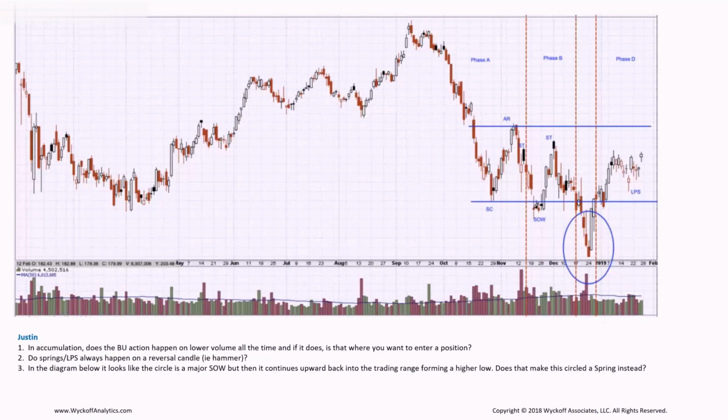A spring could be confused for a sign of weakness here if we look at the horizontal structure, because the commitment below is quite significant. There are 1, 2, 3 closes below the area of support, actually a support cluster here. So that view might not be the most favorable.